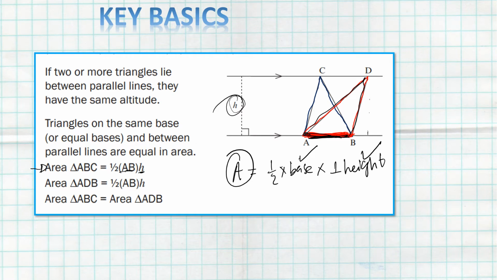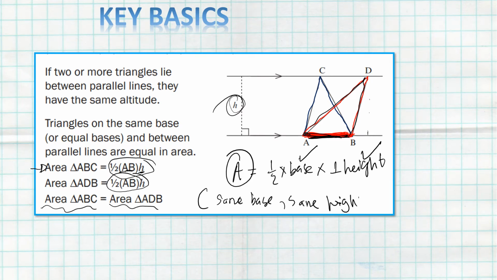So we can see that these two areas are the same because they have the same base and same height. Then the area of triangle ABC will be equal to the area of triangle ADB. And the reason that we're going to give is because they have the same base, same height. And you might also want to indicate that they are lying between parallel lines, to say CD is parallel to AB. So that's the reason that you can give.